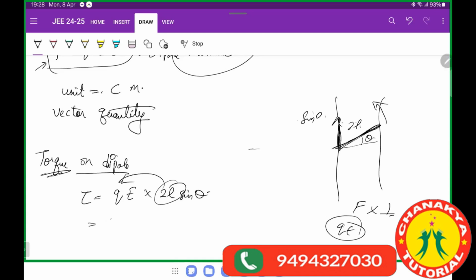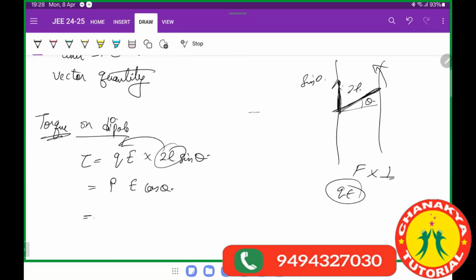Dipole moment P. So torque equals P into E sine theta, or P cross E. Remember, wherever there is a cross product, it always comes with sine. Dot product comes with cos.